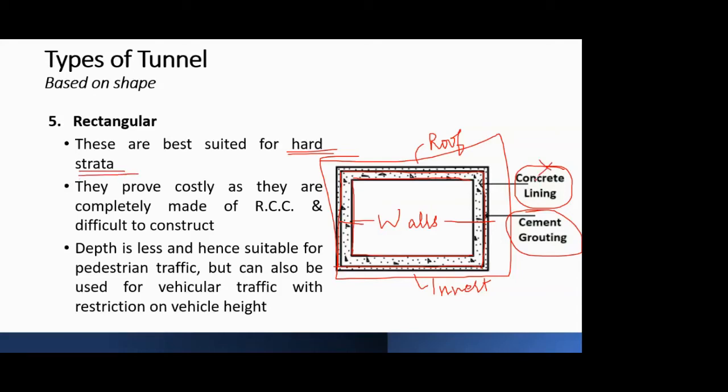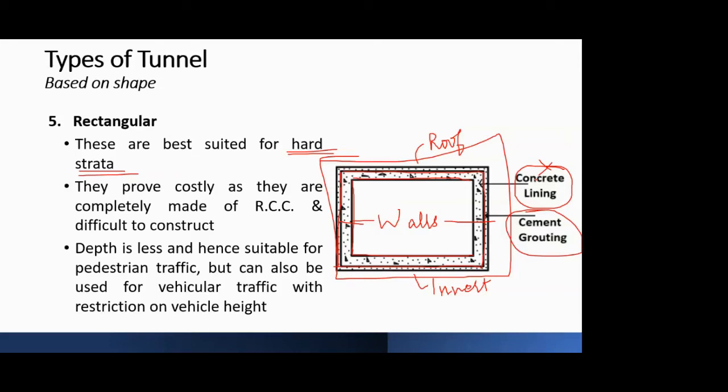So remember this in case of tunnels: wherever you encounter a hard strata, you can go for vertical walls or horizontal roofs, because that hard strata itself is capable of taking the load or pressure from the adjoining ground or earth.